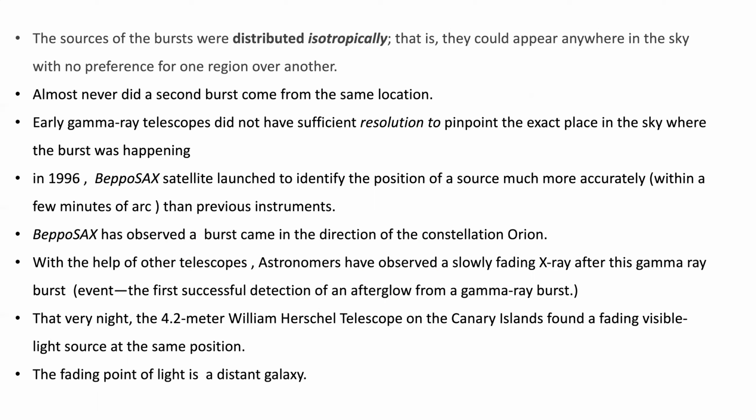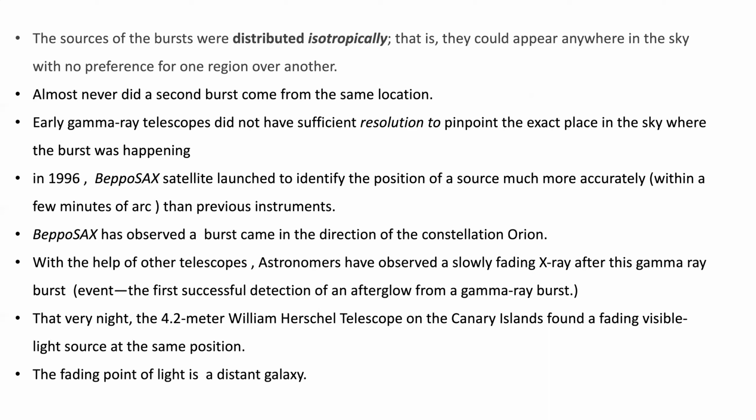And this concept of an isotropic and homogeneous universe, we will also talk about when we start talking about the general theory of relativity, probably next week. And the other thing is there is no second burst coming from the same location. So you have only one gamma ray burst from one location.